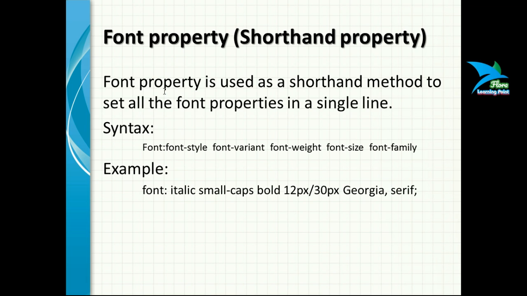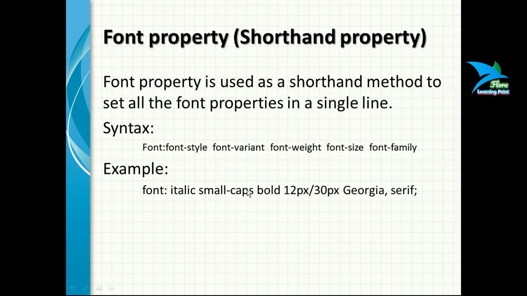Next, we are having the font property, that is the shorthand use of all properties in a single line. So the font property is used as a shorthand method to set all the font properties in a single line. The syntax of using the font property is font, then font style, font variant, font weight, font size, font family. You have to specify all these font property values in the same order which is specified in this syntax.